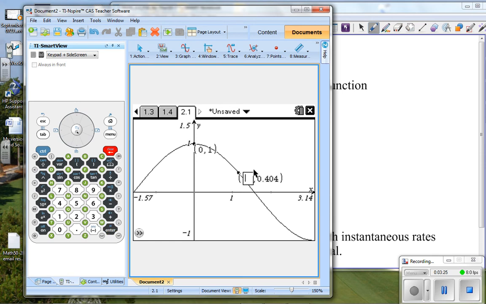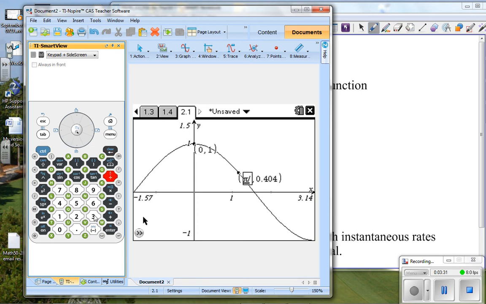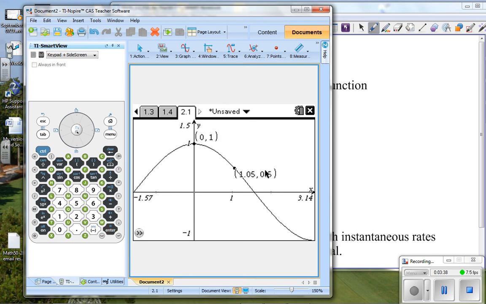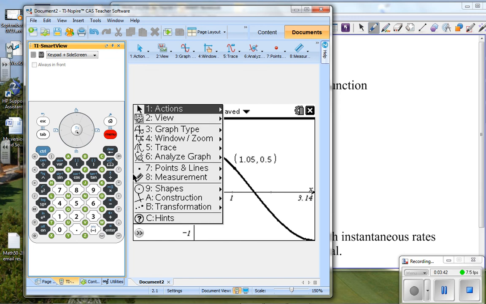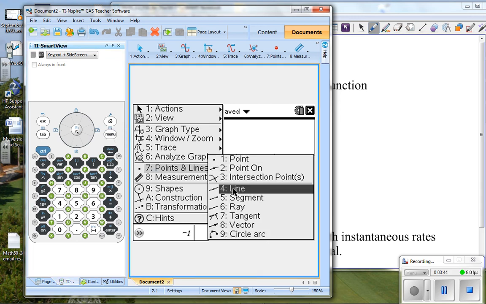Don't try to use a decimal for this pi divided by 3. We can use pi divided by 3, and we have our points there. Again, we're looking at the average rate of change, which means a secant, so I'm going to go through and do that part also.